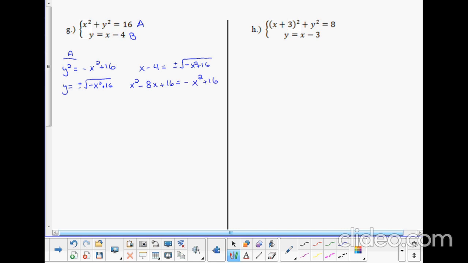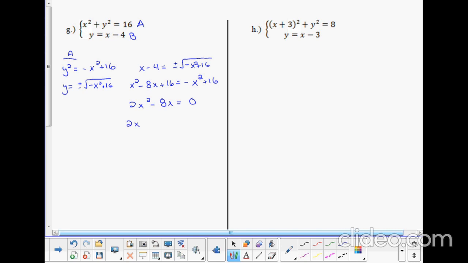Now, in order to solve this quadratic, I want to get all of my terms to one side and set the equation equal to 0. So I would add x squared to both sides, and I'd get 2x squared minus 8x, and then I would subtract 16 from both sides, so this would equal 0. The 16s would subtract out.